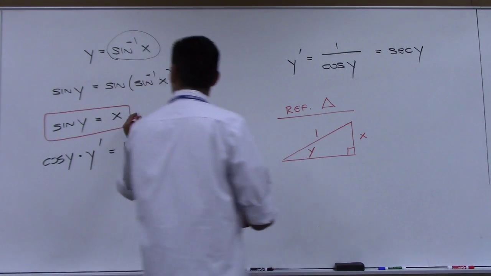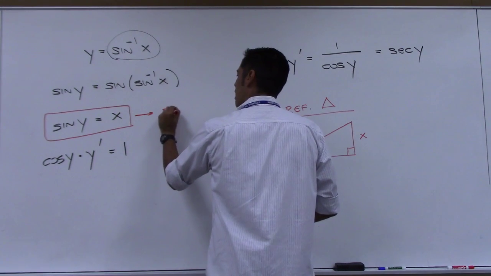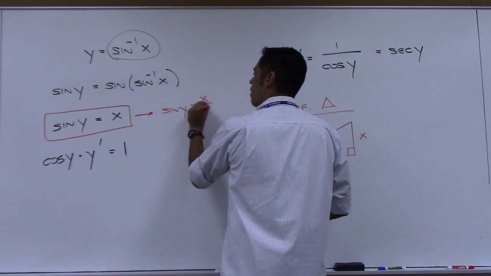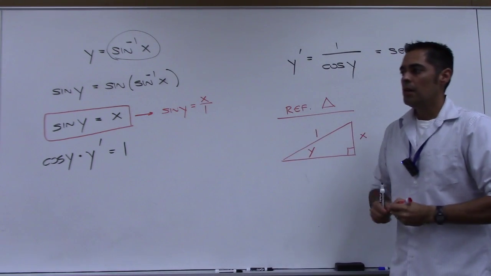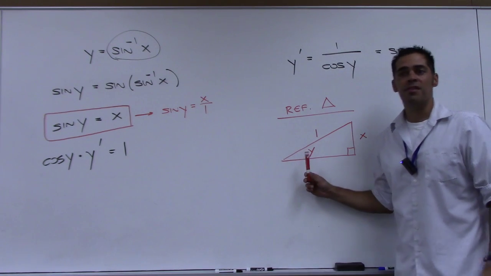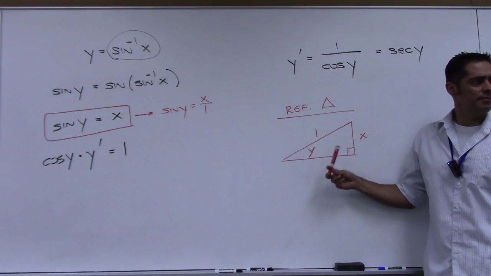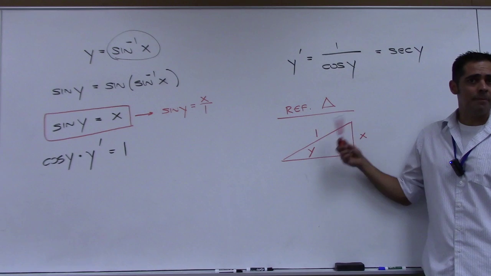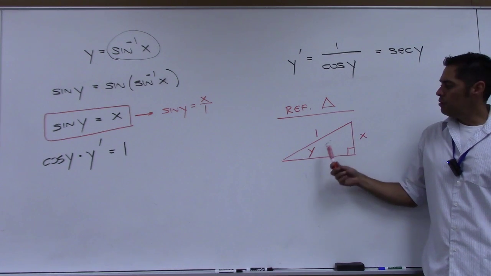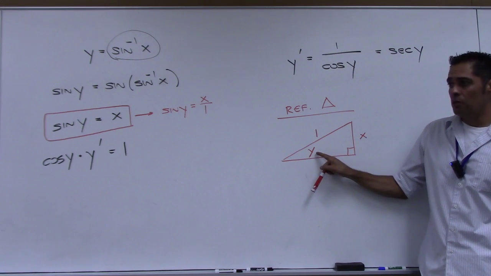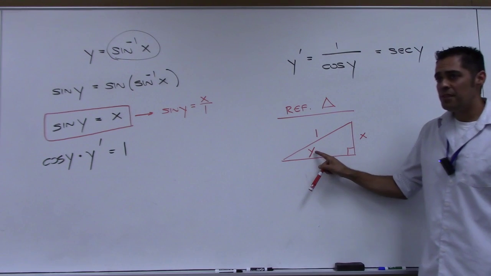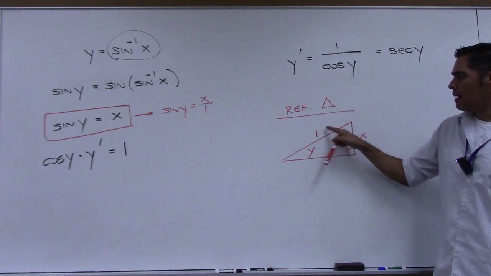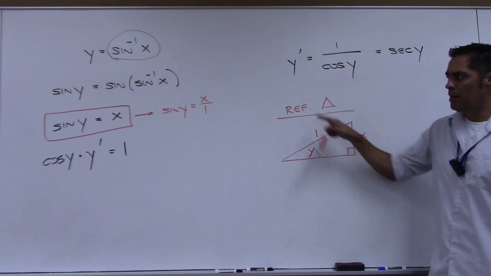So let's see. Sine of y equals x over 1. That's what that's saying. Sine, on a right triangle, is which side over which side? Opposite over hypotenuse, right? So if I'm calling y my angle, then sine of this angle is the opposite over the hypotenuse. x over 1 is x.